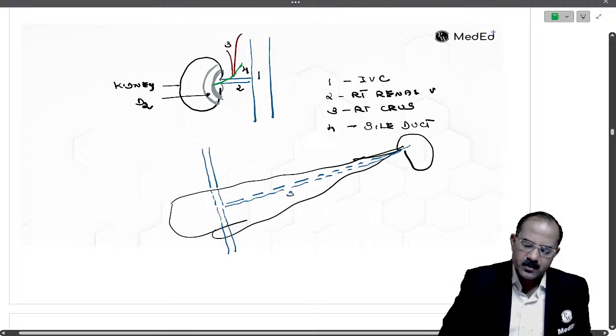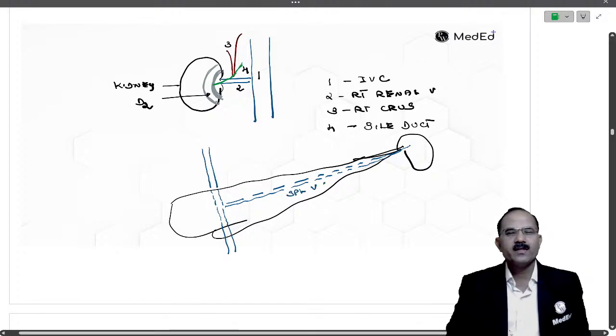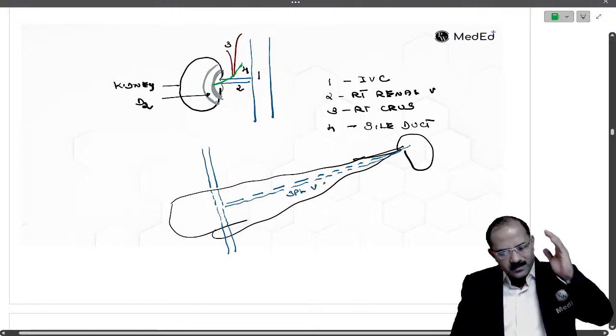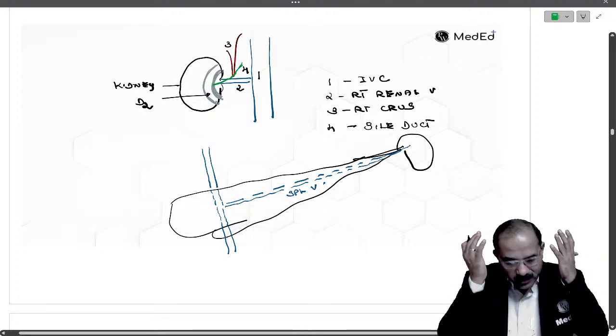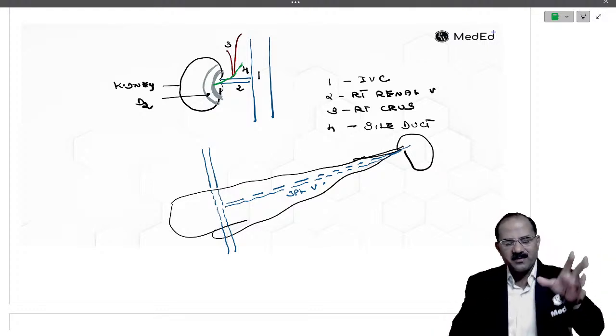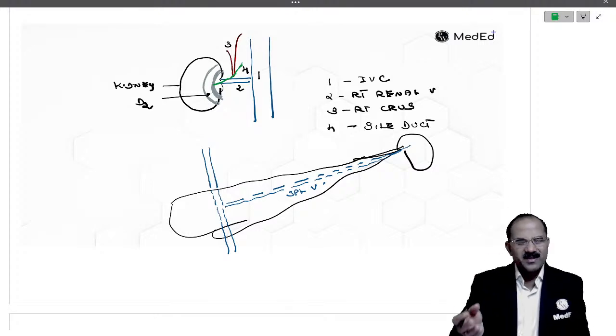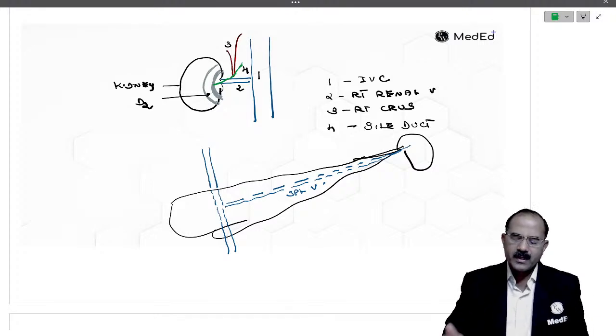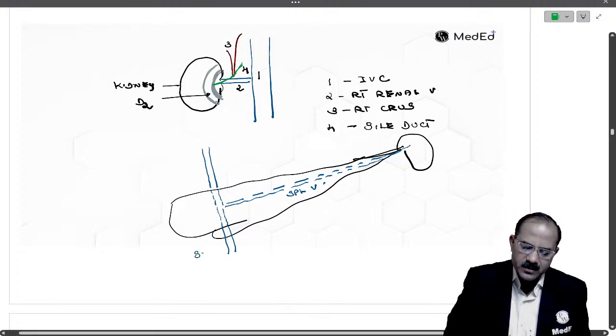That's the splenic vein. Splenic vein. I'm trying to tell you as much as I can. Now I'm falling short of breath. It is very easy to type anything. That's understood, no? Come on, say it. That's a splenic vein. And what is this? That's the superior mesenteric.